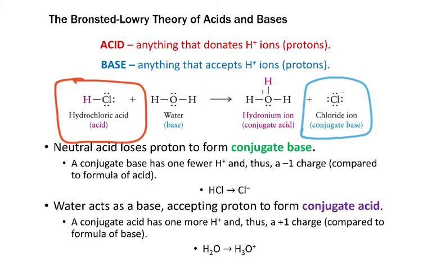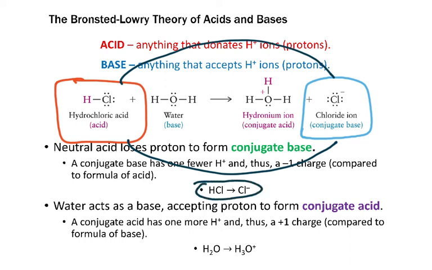You can tell they're a pair. These two clearly go together. The difference is an H plus between them. So the acid becomes a conjugate base after it loses its proton.